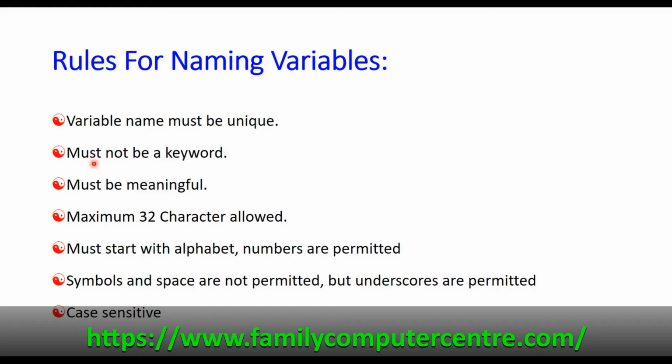Keywords are reserved words inside the language library. For example, cout already has a meaning in C++. #include and iostream are also keywords. They already have a particular meaning in the C++ language, so you cannot use them as a variable name.